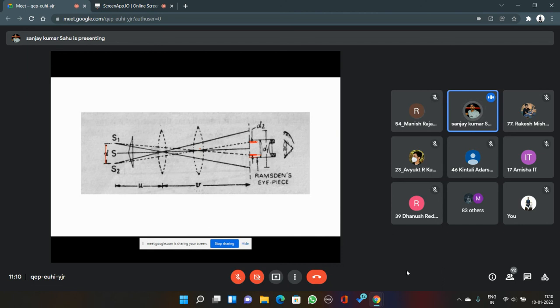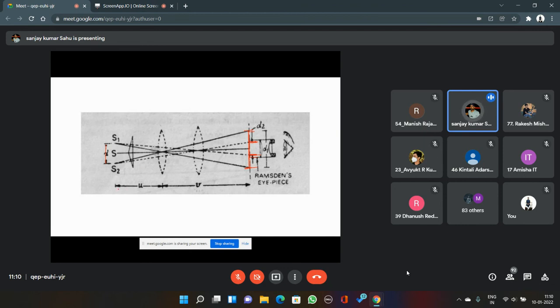At a certain point you will be able to focus these two virtual sources S1 and S2, and once you focus that, measure this distance from here to here using the microscope. This distance is going to be called d2.